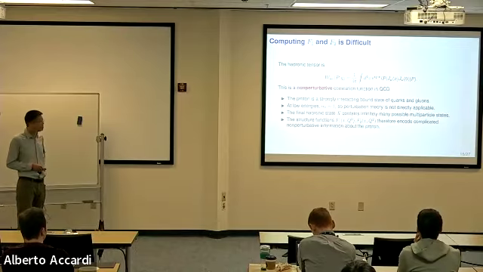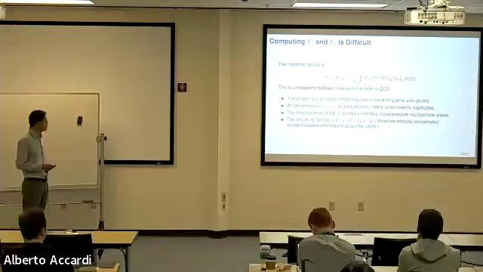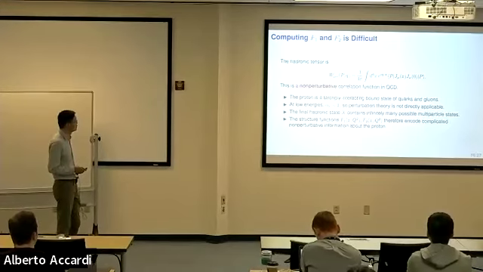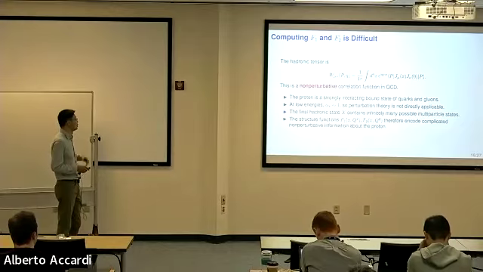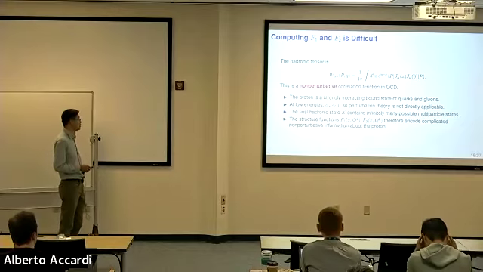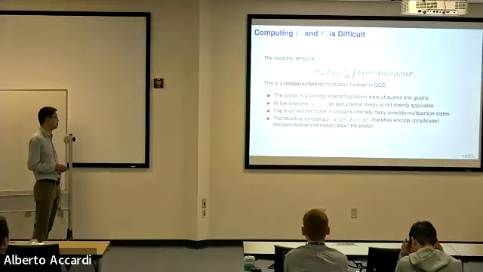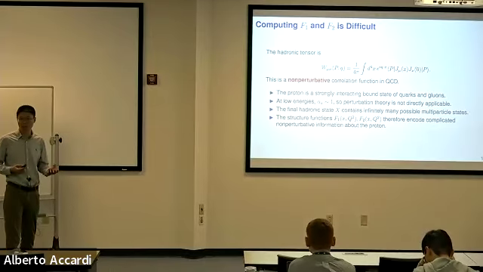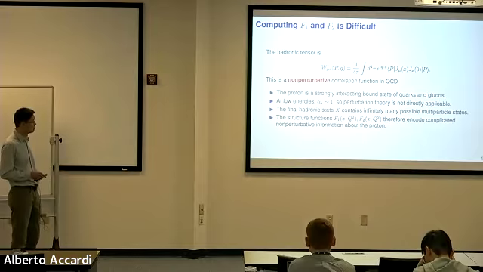All right. So for the hadronic tensor, in principle, this is a non-perturbative object. We don't know how to calculate it directly, since we don't know the wave function of the proton.